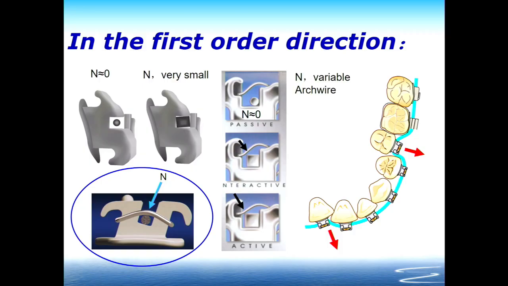With a rectangular, larger archwire, you may get pressure even larger than conventional brackets. Sometimes you'll get more friction, but most of the time for the active self-ligating brackets, the friction is lower than conventional brackets.